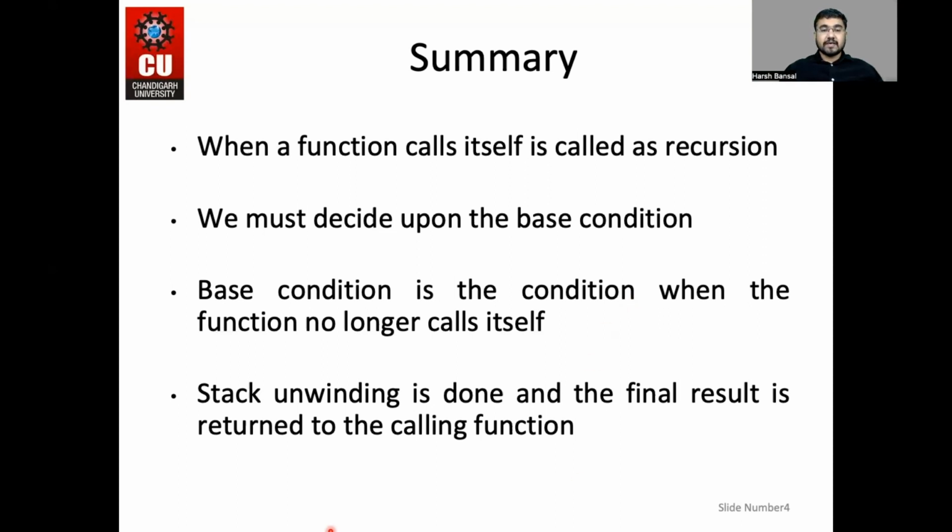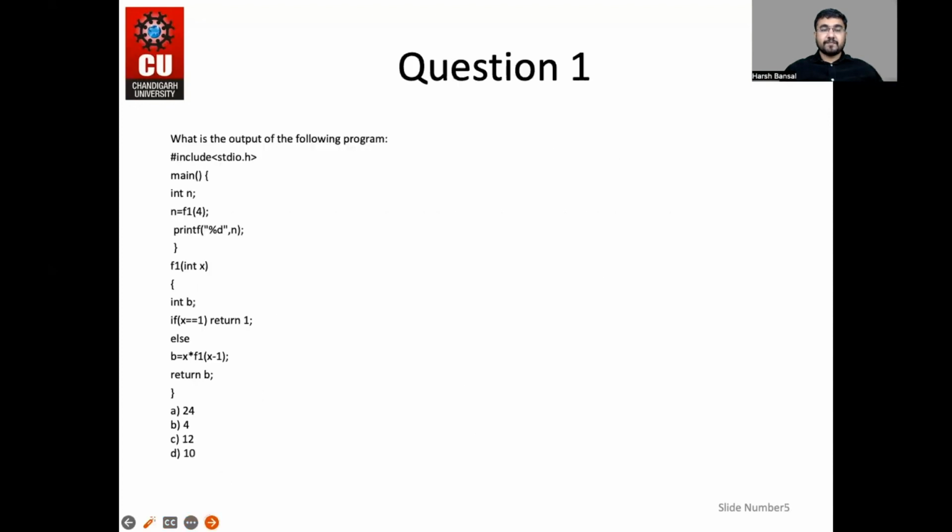In this session, I have given you various quiz questions. I'll request you to practice recursion over the given problems and come up with a solution. So these are the 4 options, and it's pretty easy.